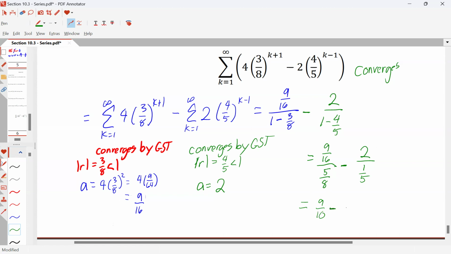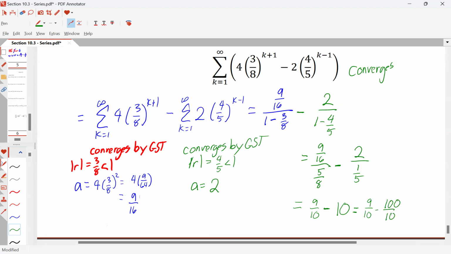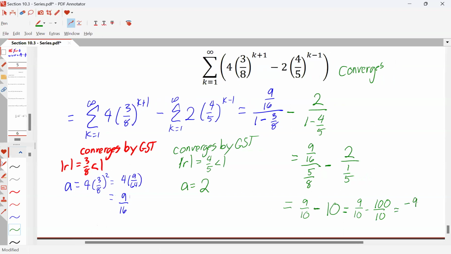And the second one simplifies down to being 10, and we're subtracting them. So we have 9/10 minus 10, which works out to be, let's do 9 over 10 minus 100 over 10, which is -91 tenths.